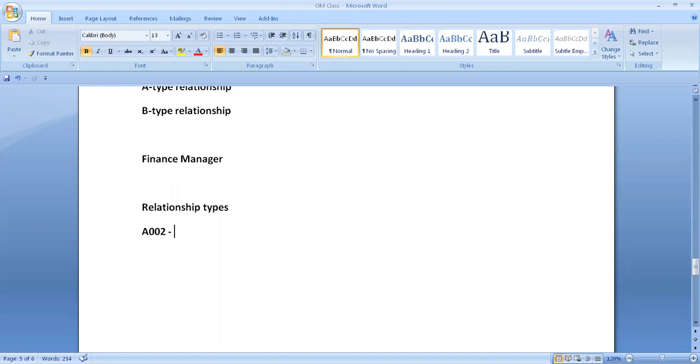Blindly you can understand these numbers. For example, A002, I can use: an organizational unit reports to another organizational unit.